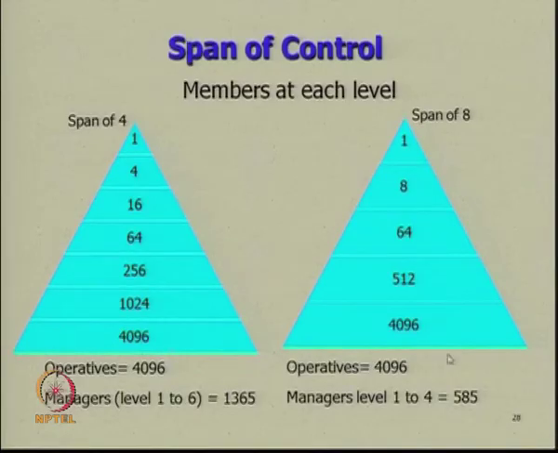Now, here is an example which shows to you what happens if the span of control is a factor of 4 as compared to a span of control which is a factor of 8. In both cases, you end up with 4096, and if you are at all good at statistics, and I know very many senior people who believe no quantification, no management.